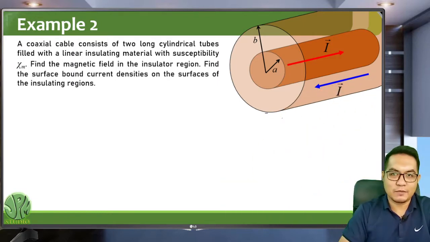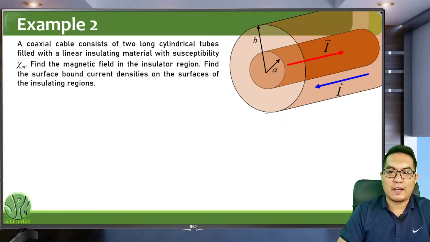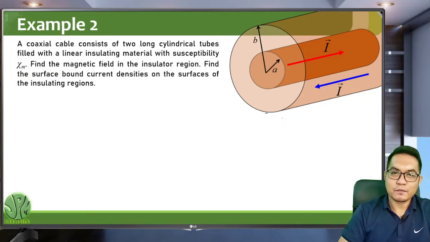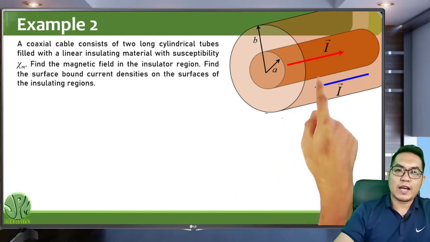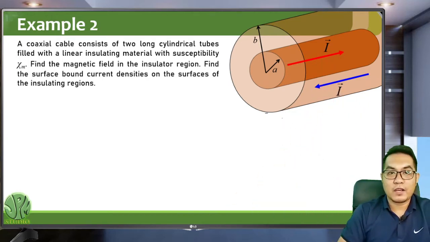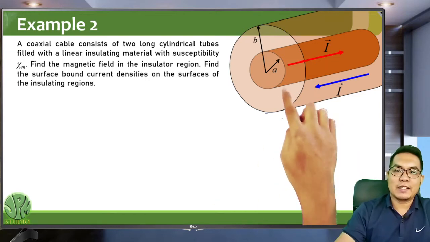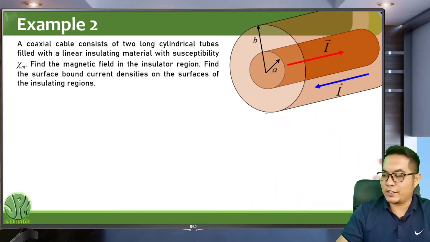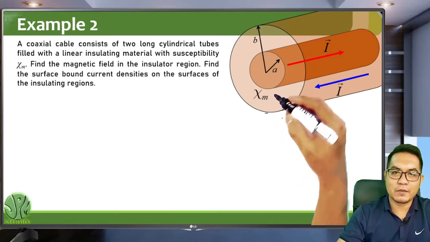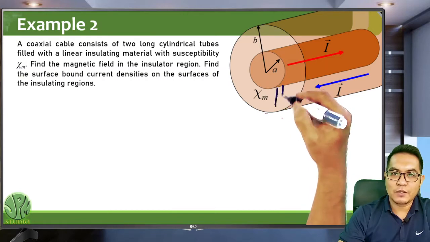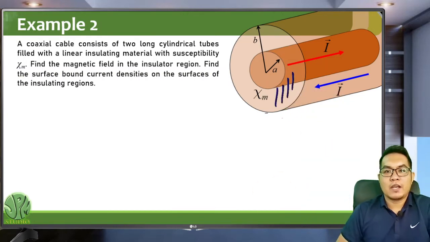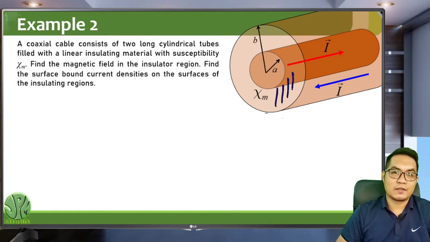It's positive and negative, just like what you find in your audio-video cables, RCA cables, and so on. So these two currents here are free currents. And in this region here, the insulator region, where the susceptibility is given by this one, there will be bound currents. It's either volume or surface bound currents, or both.